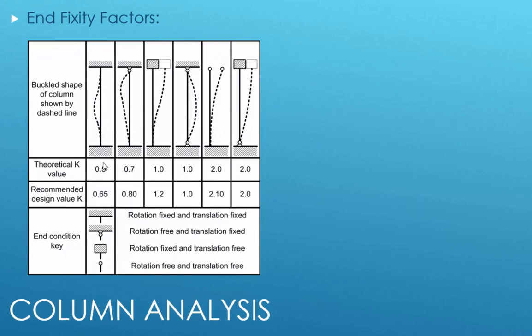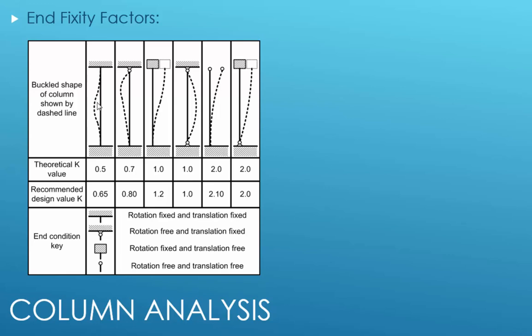So we have a bunch of different fixity factors here. If you have the two ends of your column and the loads coming down on top here, assumingly, then you have a column that will buckle out like this. But this end won't move and this end won't move.